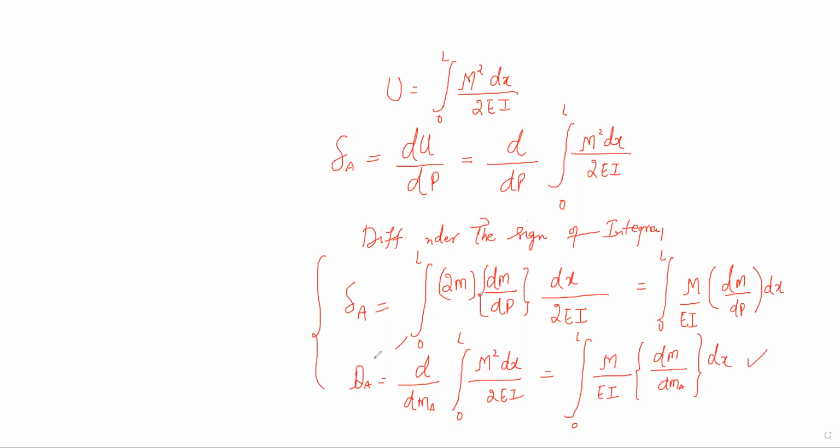These expressions, when we perform differentiation under the sign of integration, are called the modified Castigliano's theorem. So we can use these expressions to calculate the deflection and slope in the case of beams. Thank you very much.